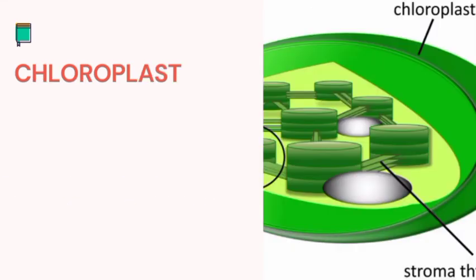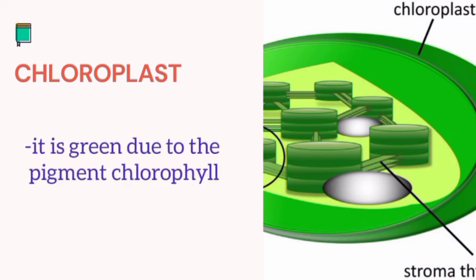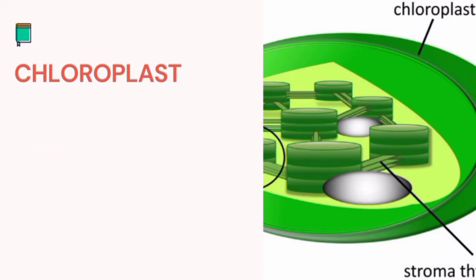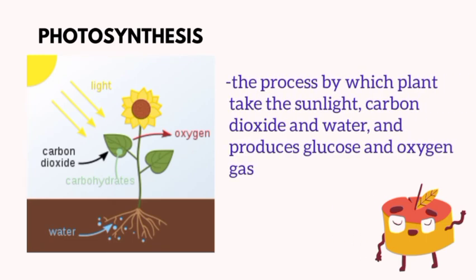The other organelle that is found in the plant cell but not in the animal cell is the chloroplast. The chloroplast is green due to the pigment chlorophyll, which plays a role in photosynthesis. Photosynthesis is the process by which plants take sunlight, carbon dioxide, and water and produce glucose and oxygen gas.